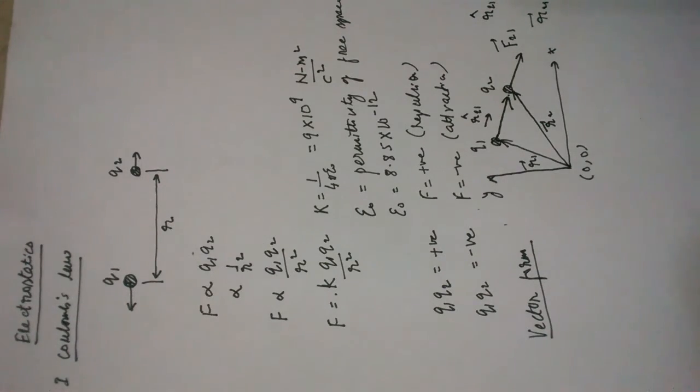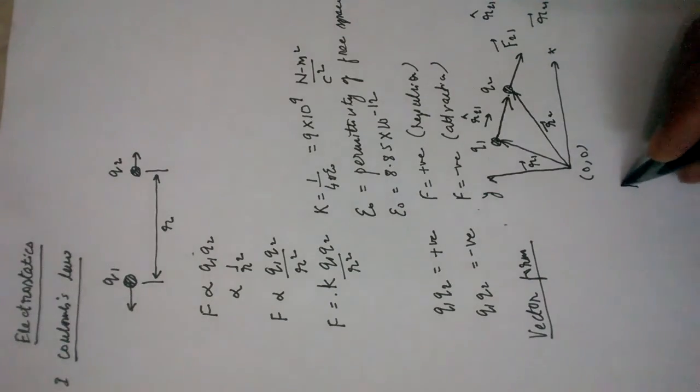Now we have already done vectors and we know how to find the displacement vector, the displacement between two points. Now there is an important aspect associated with this vector law. As we know, all the real forces obey Newton's third law.